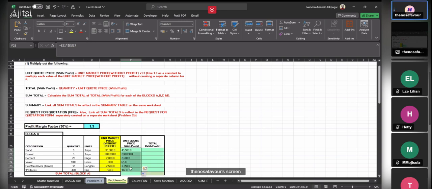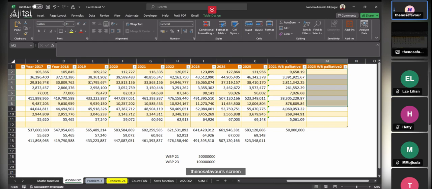First off, you want to understand what you want to do. What we want to fill in here is the unit quote price with profit, just like what we had done here. This one was a progressive formula.